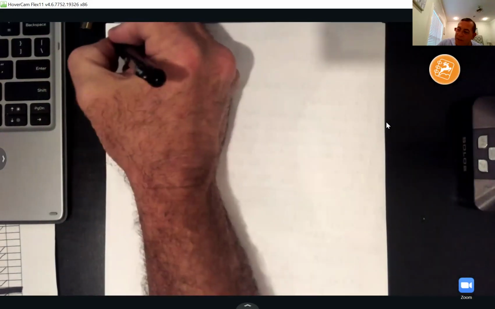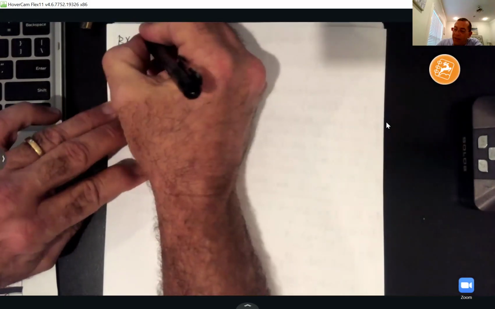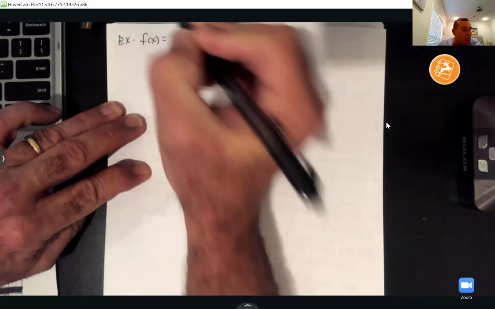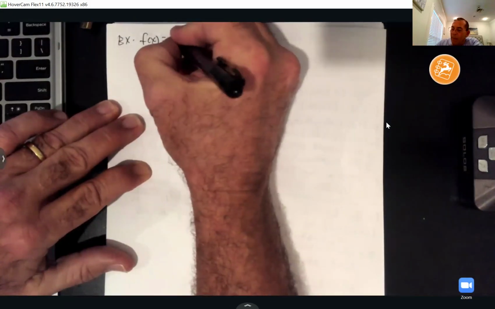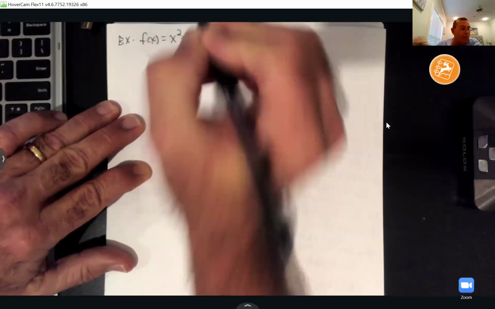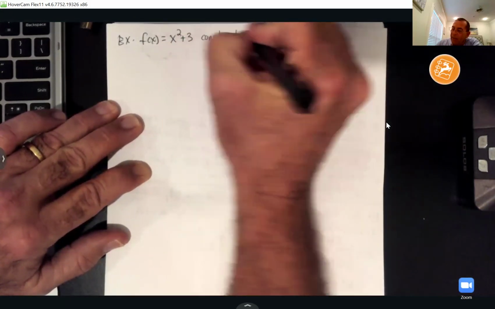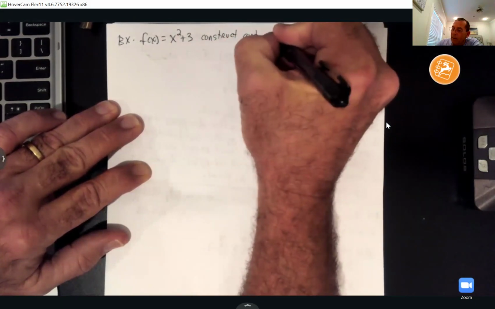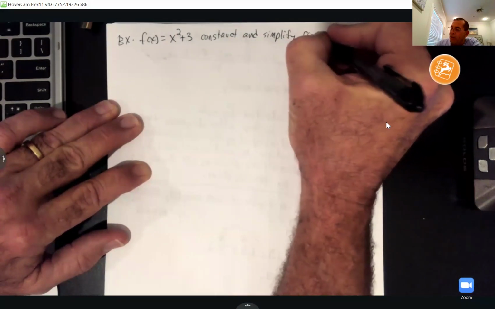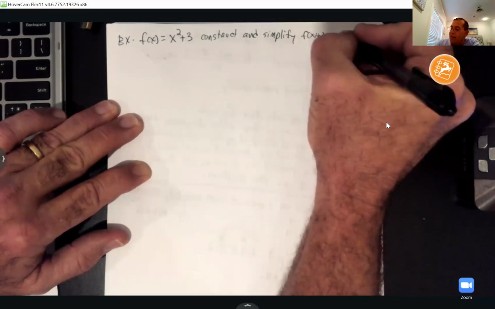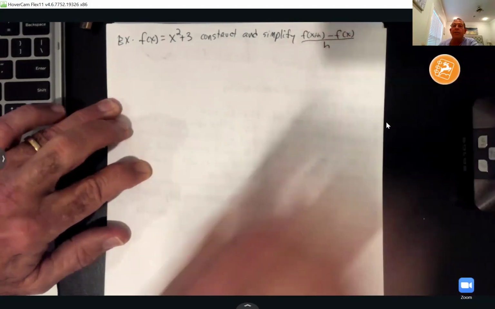All right, y'all, for this next example, they're giving us f of x equals x squared plus 3. So we're going to construct and simplify again, f of x plus h minus f of x all over h.